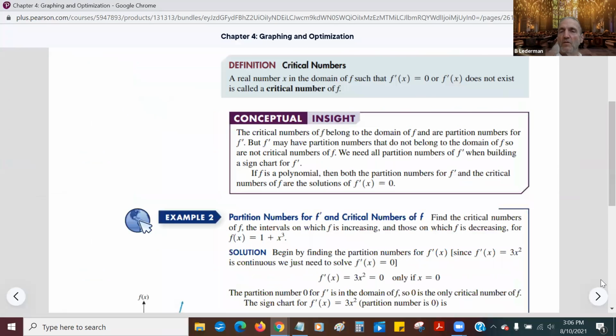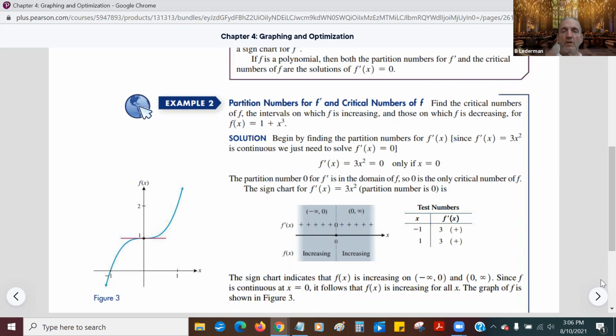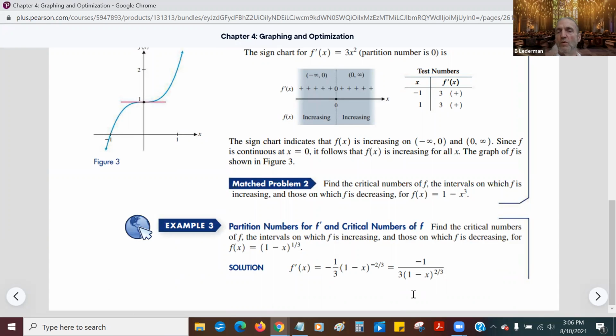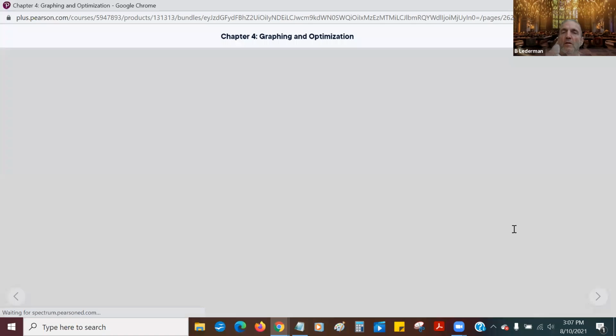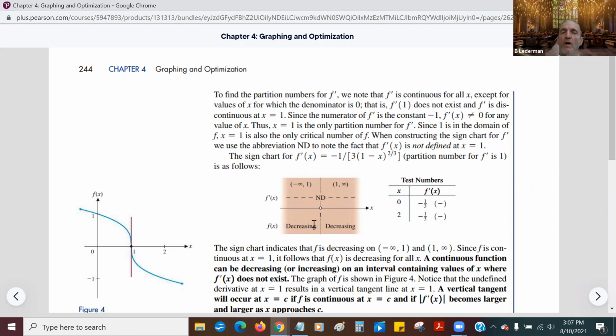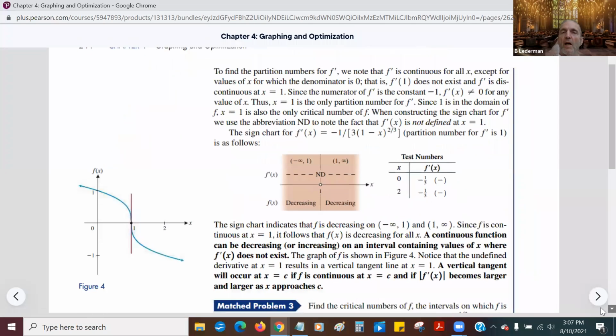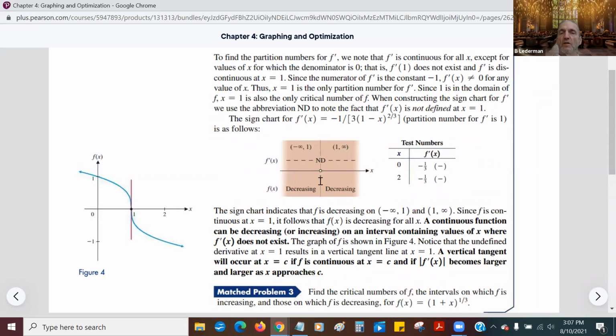When the denominator is equal to 0, the f prime is undefined. Now, when is the denominator equal to 0? That's when x equals 1. So 1 is my number there. That's my critical number, and it's not in the domain of f prime, but it's a critical number.